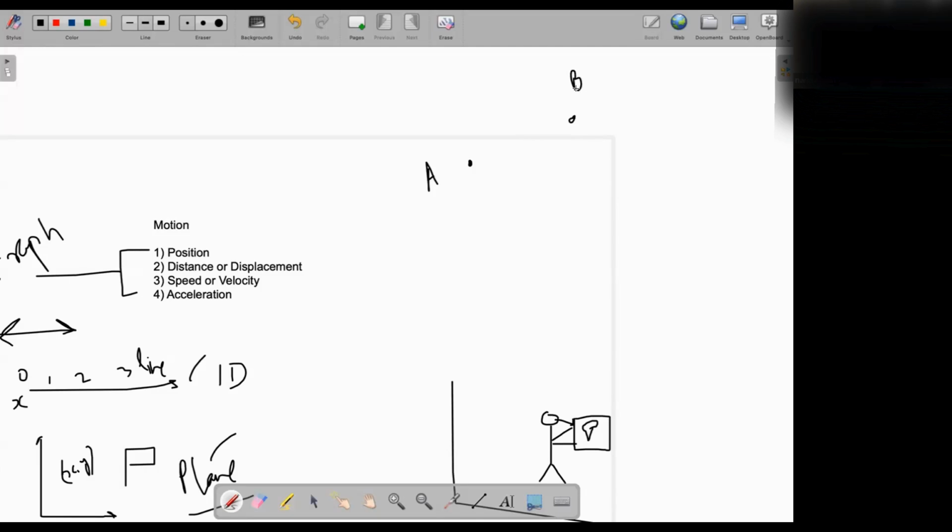Yes, it has undergone motion. How did you say that? As you said before, motion is a movement of an object from one point to another point. Here the movement has been from A to B, so I will say that the object had a motion. This is how you know that the object moved.